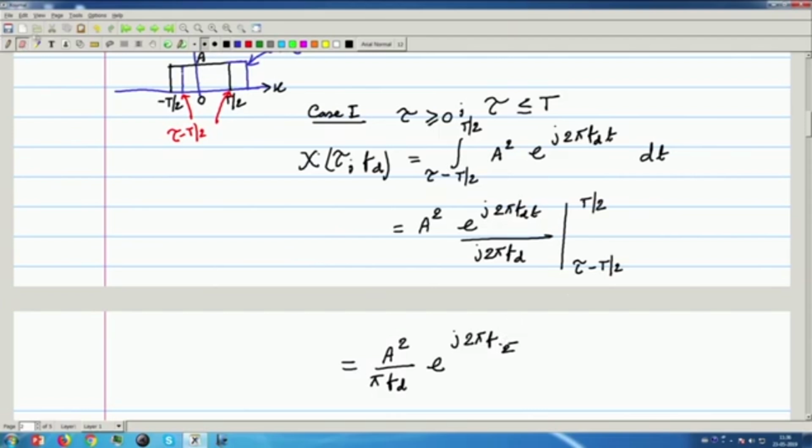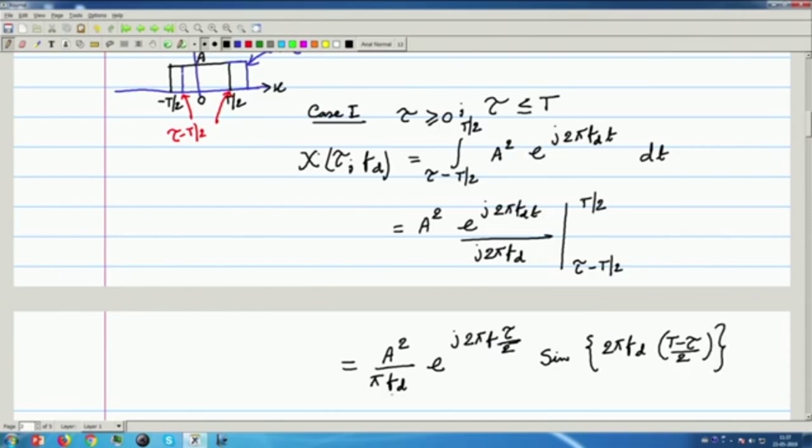Generally for this manipulation you will have to take this out and then you get a beautiful sinc type of thing. So, that is sinc of pi f_d (T minus tau) by 2.